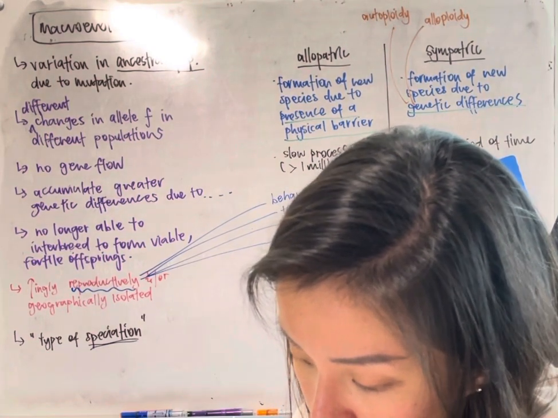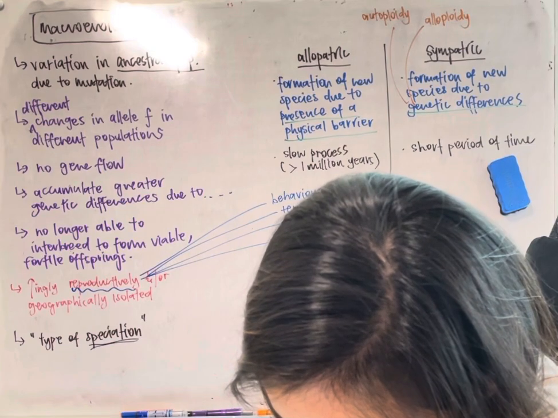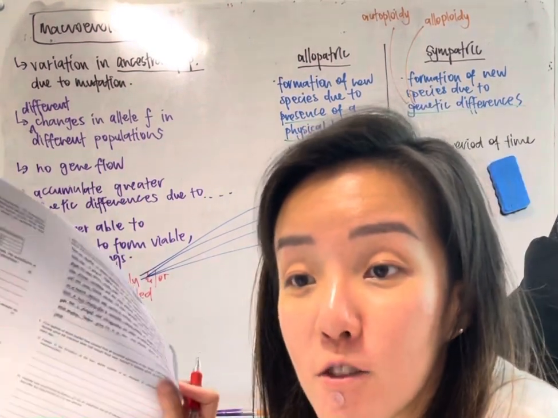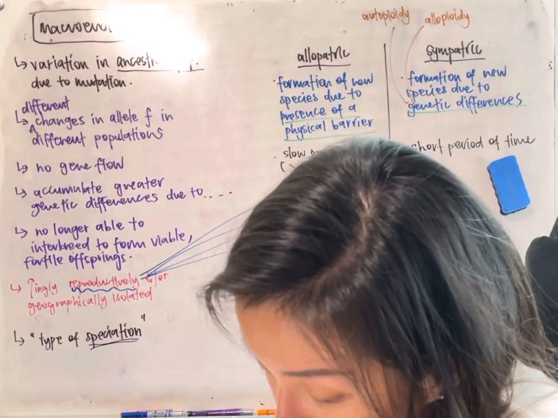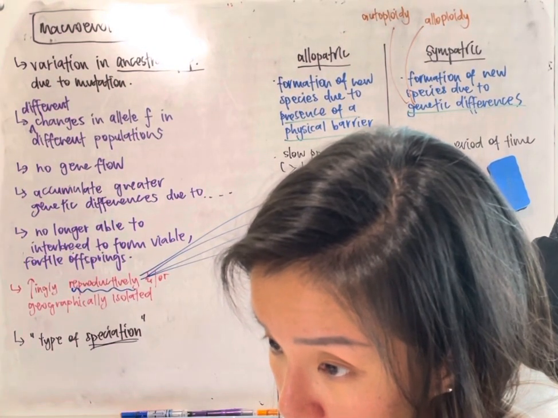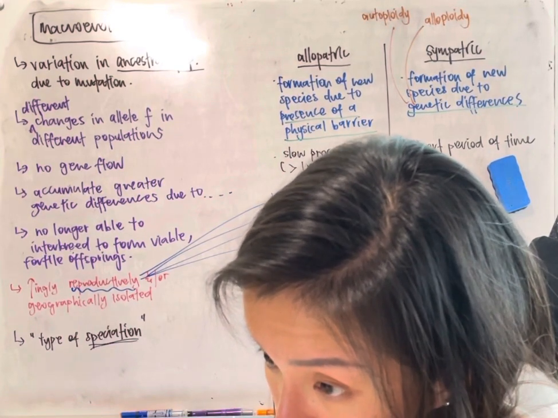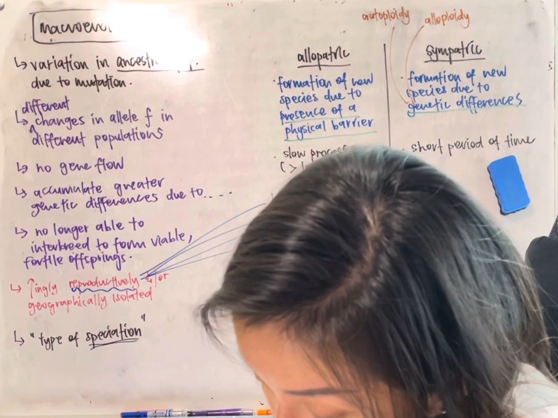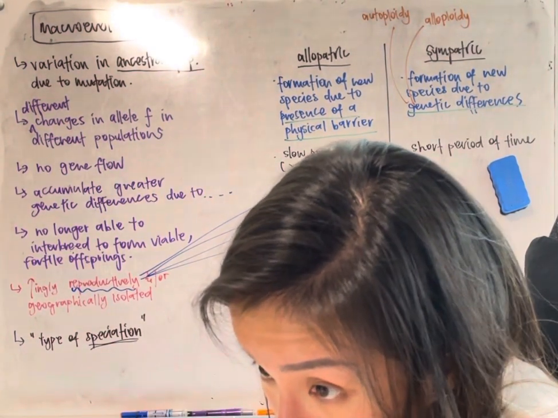Hello, where's your quotation of data? Which again, you underline. That means the eye color, plumage color, or the song variation. You need to quote the data. You understand? And then gene flow disrupted. Yes, good. So again, unable to interbreed to form viable fertile offspring. Let's see.